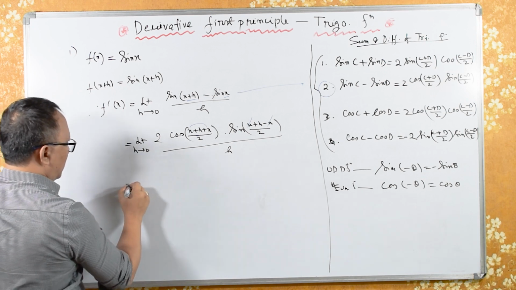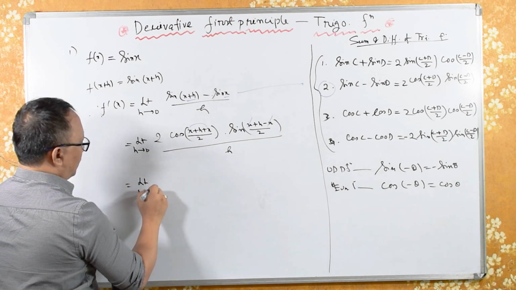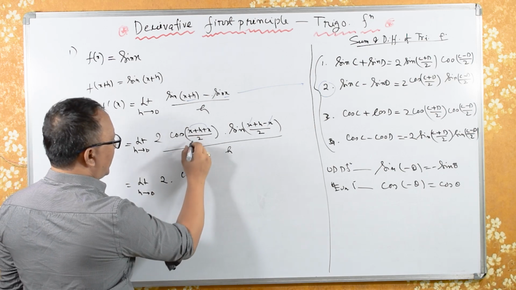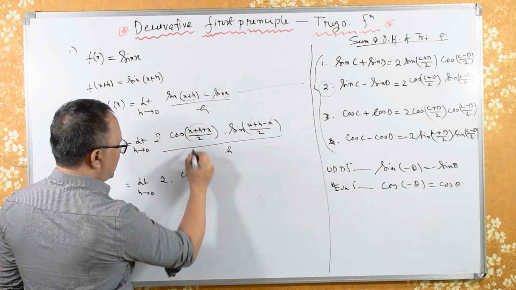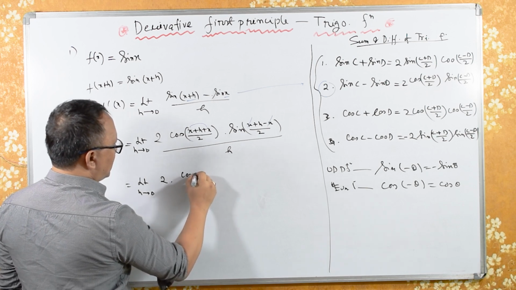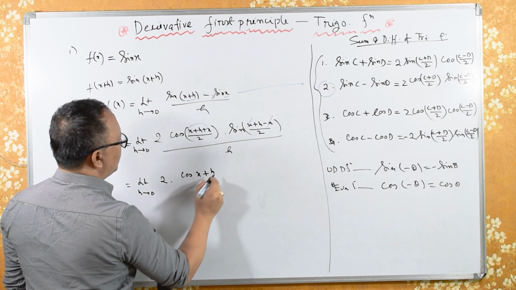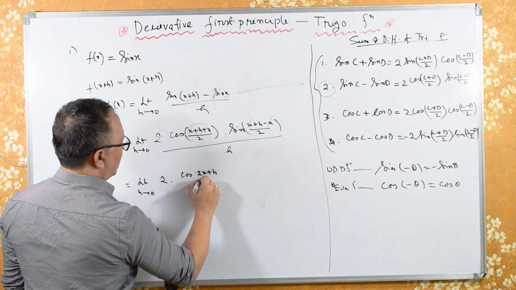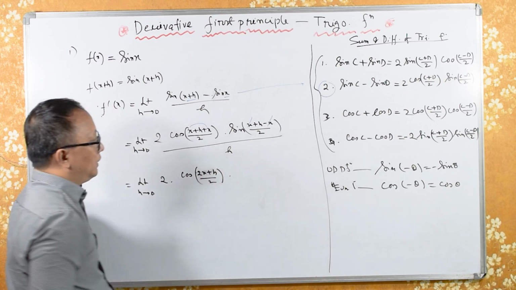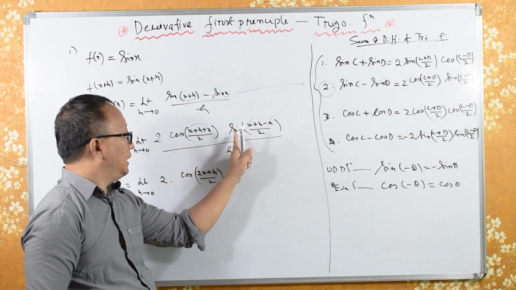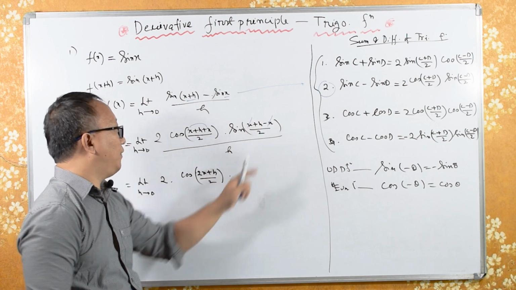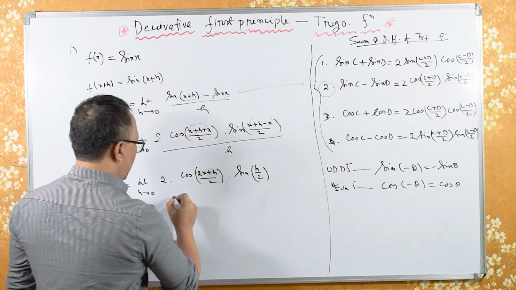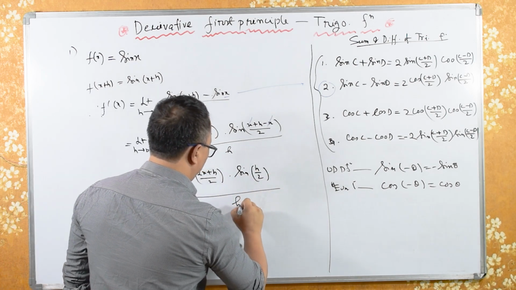Let's write down another limit as h tends to 0: 2 cos of (2x+h)/2, into sin(h/2), upon h.